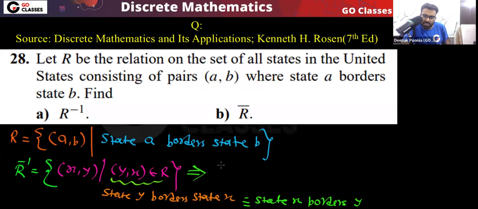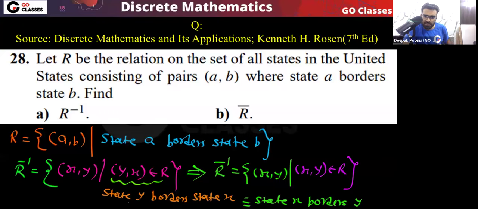So ultimately, R inverse is the same as R. Because in R inverse we have xy such that yx belongs to R, and if yx belongs to R, then xy also belongs to R, because borders is a symmetric relation.